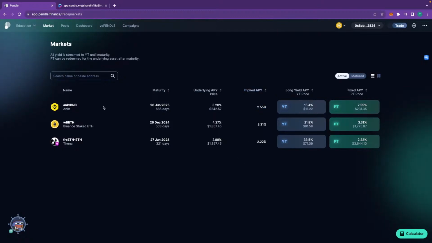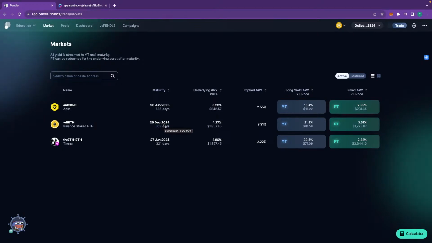So the question you should ask yourself for every single market is, say for example, this Binance Tech ETH market, right? The question should be, is the implied APY fair for this market? Is 3.31% a fair value for yield of Binance Tech ETH from now until December 2024, basically 500 days?